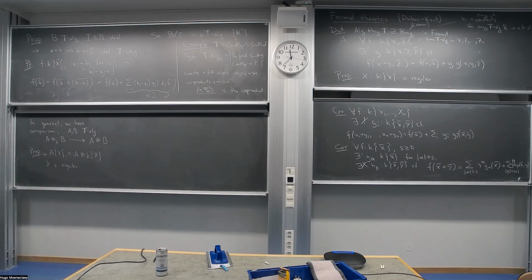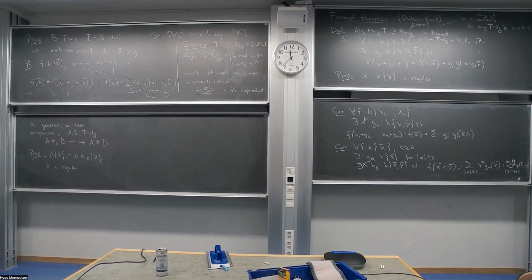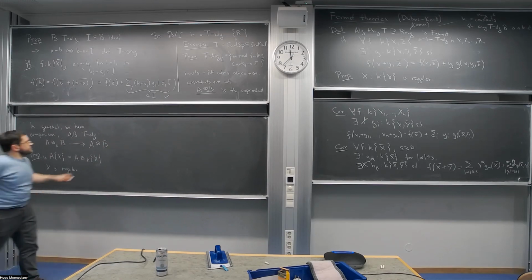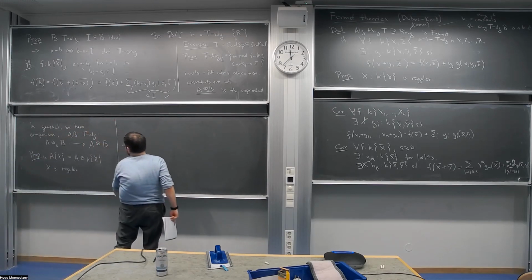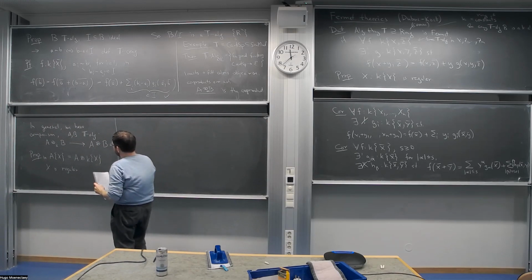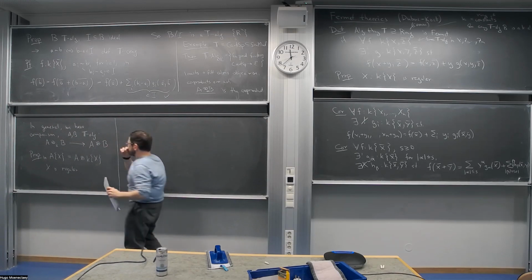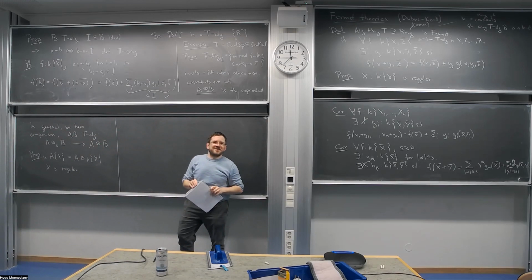We do it in a similar way here. But the A tensor B is generated by the image of the relations, generated as a T-algebra.